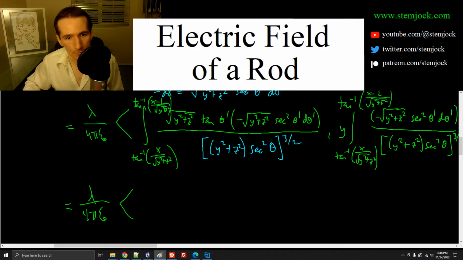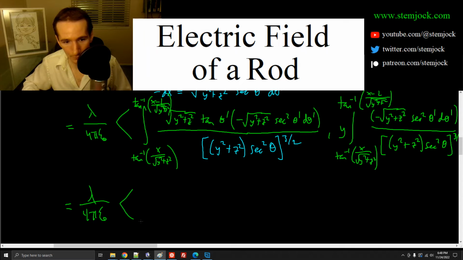So this square root y squared plus z squared times the same thing will give us y squared plus z squared, which is what we have on the, oh, hang on a second. On the bottom, it's raised to the power of 3/2. So on the bottom here, it's y squared plus z squared to the power of 3/2.